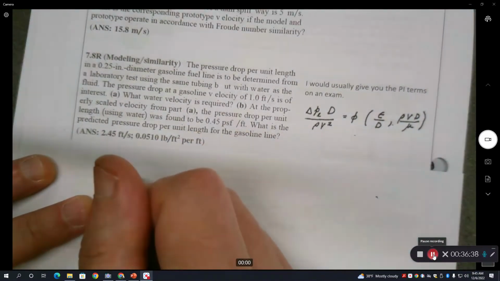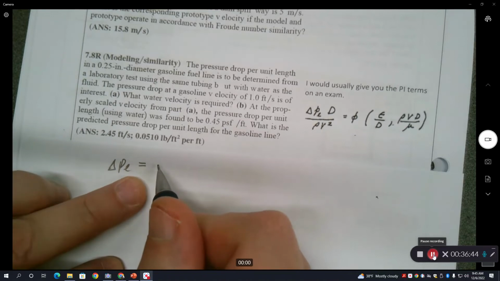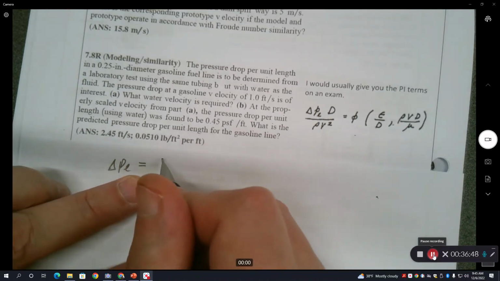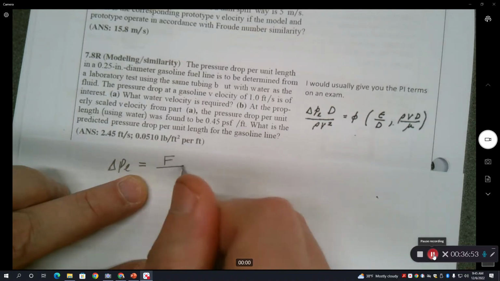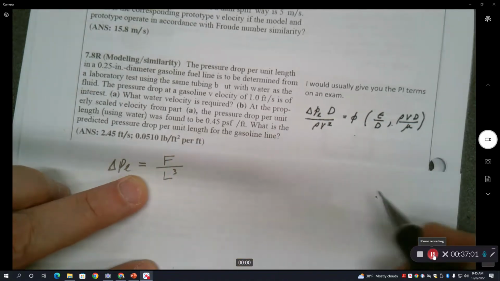So we have delta P over L. All right, that's going to be one of our variables. Let's see, that's going to be a force per length squared per length, right? So I think it's going to be FL^-3.